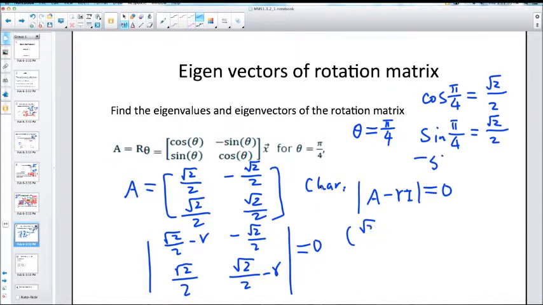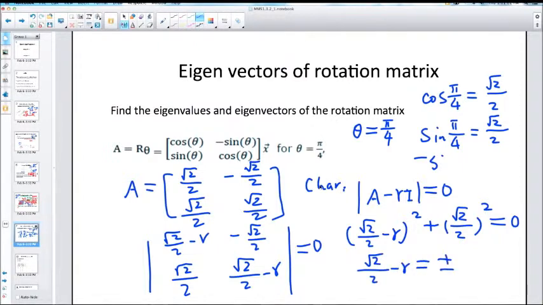Then you get this. Square, negative times negative makes a positive, plus. That's interesting, right? To complete a square that needs to equal 0, the only solution you can get is imaginary. You don't have a real solution.